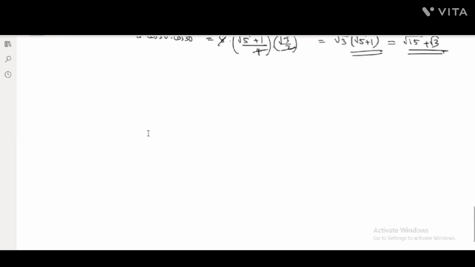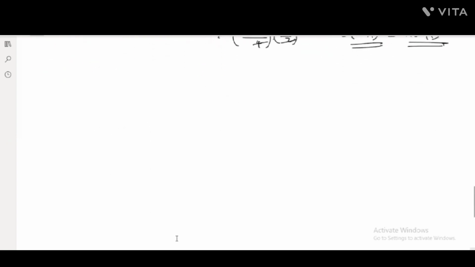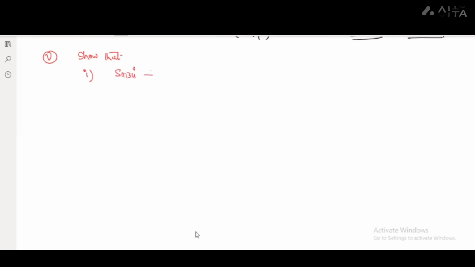So hope everyone understood. So let's see the next question. What is the next question? The next question is: show that, first, sine 34 degrees plus cos 64 degrees minus cos 4 degrees is equal to 0.